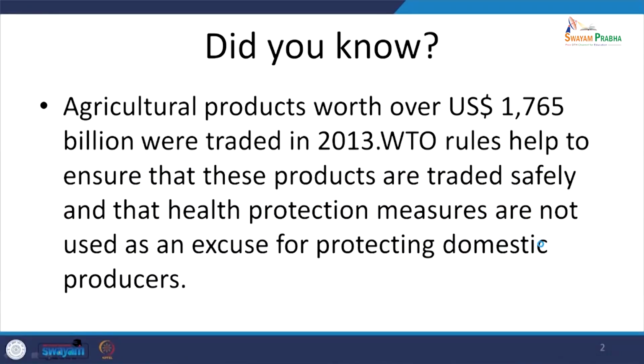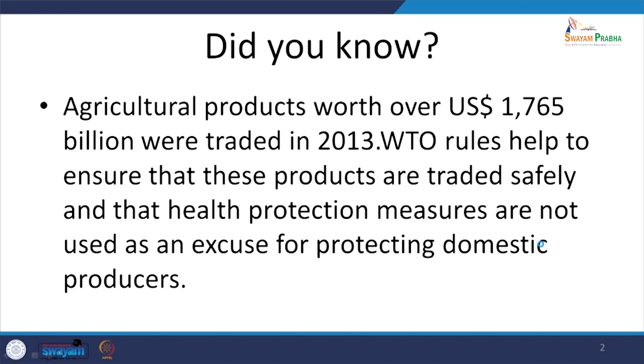Do you know that agricultural products worth $1,765 billion US dollars were traded in 2013? WTO rules actually helped in ensuring these products are traded safely, and that health protection measures are not used as an excuse for protecting domestic producers.